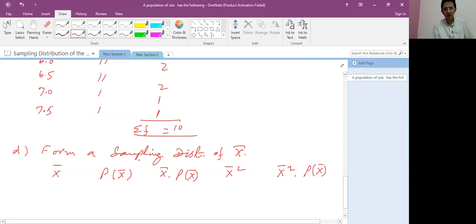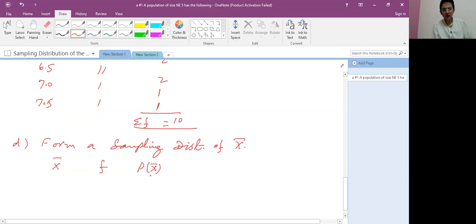In part D, sorry for that, we only determine the distribution of x bar. It means we make two columns only, and the third one is frequency, so f and p of x bar. We will check that the sum of all probabilities is 1. This is called forming a sampling distribution of x bar.